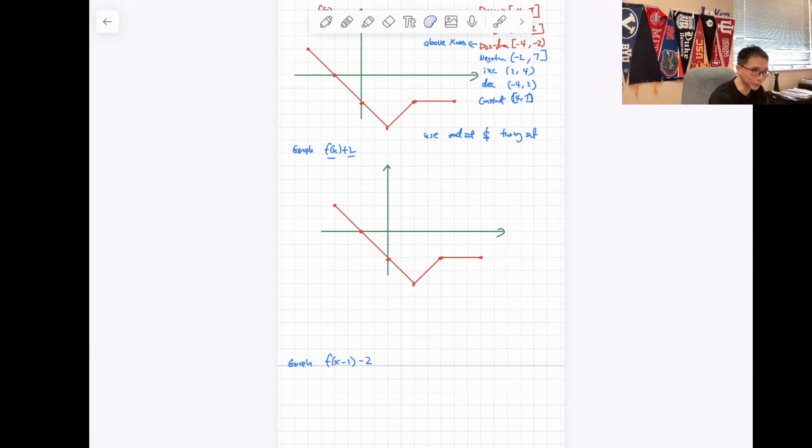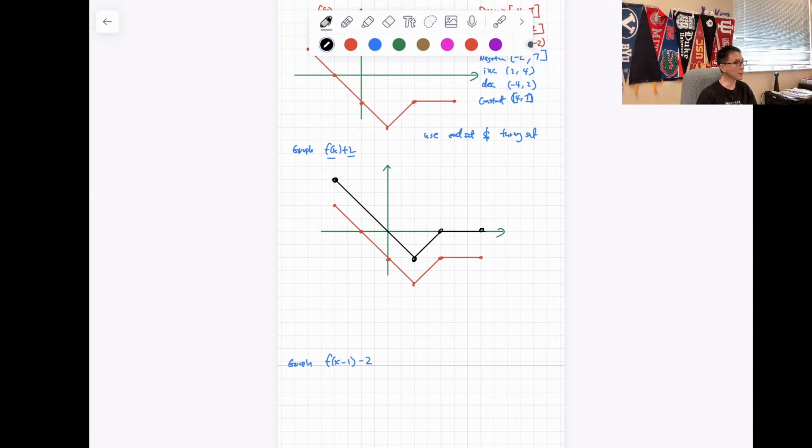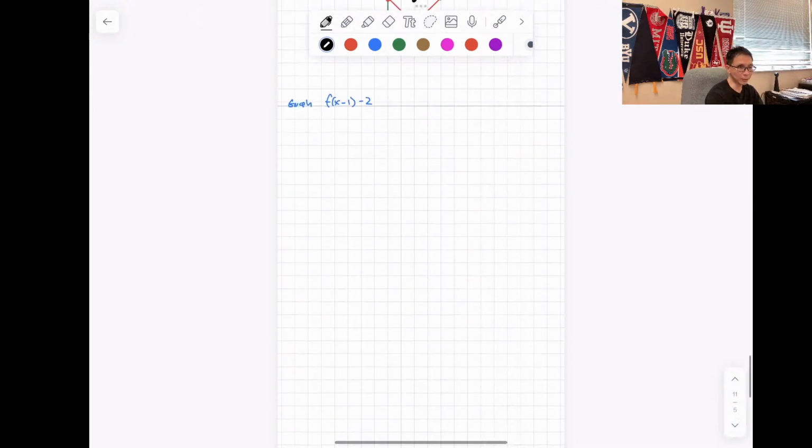I take the turning point and I go up 2 and I connect the dots. Does that make sense? Everybody understand? Okay, you should have learned this in Algebra 2 already.